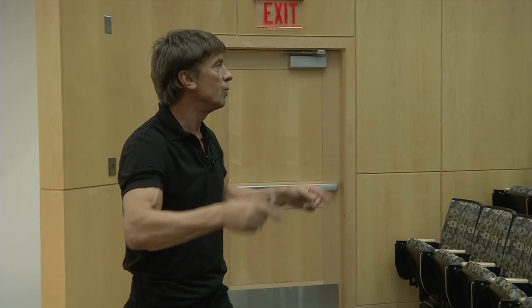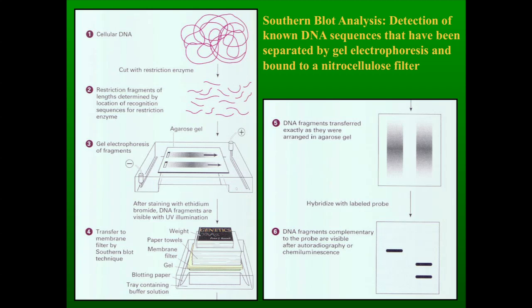We can use restriction enzymes that will cut randomly in the genome, and then I can take these cut samples and, using gel electrophoresis, run them out the way I showed you before, where the DNA will migrate towards the positive pole because it's negatively charged, and the larger fragments will stay at the top. The smaller fragments will run towards the bottom, and because there's so many of them, it'll create this smear.